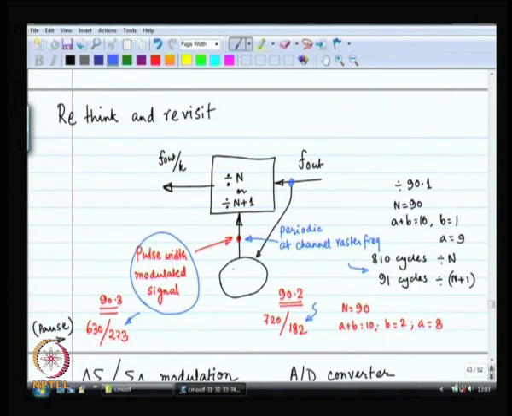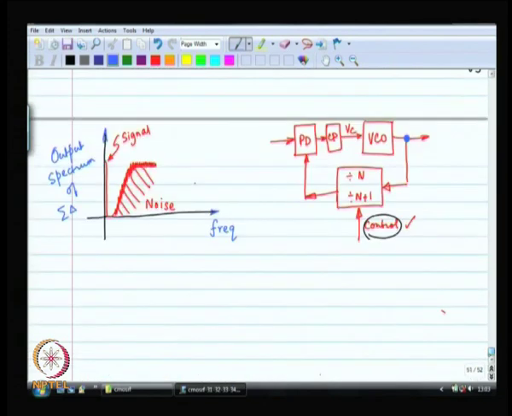So, if you looked at the spectrum of that particular signal, you would see a DC, and then at the channel raster frequencies and its harmonics, you would see impulses.